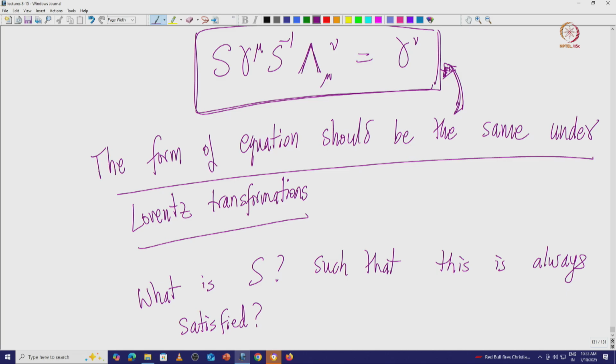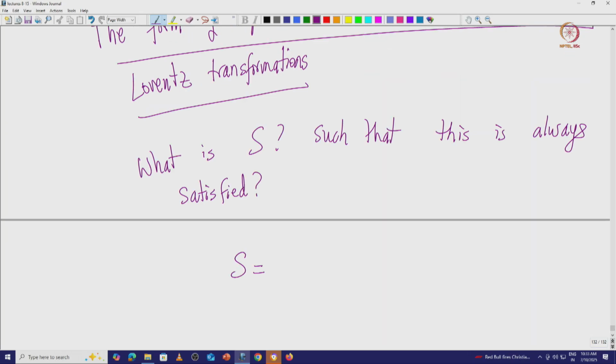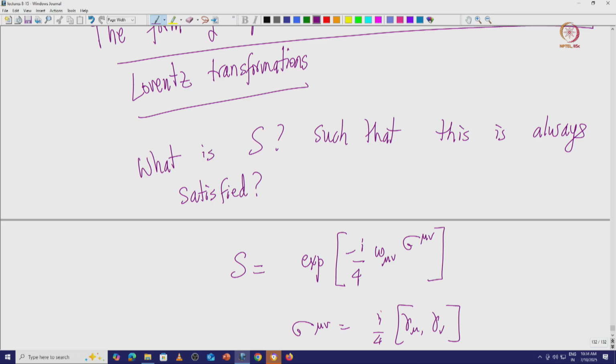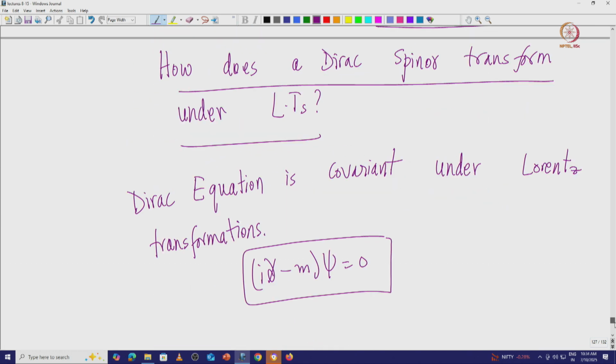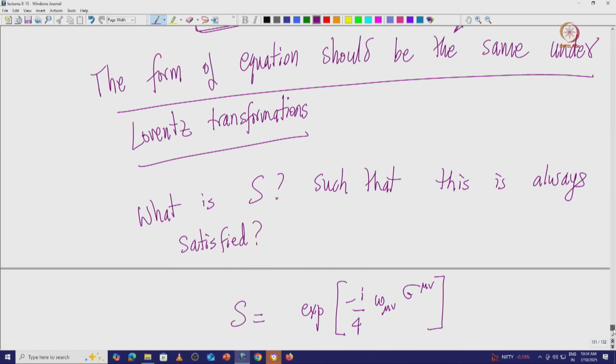S is nothing but sigma^mu nu, which is i by 2, I wrote it earlier also as i by 2, i by 2 gamma^mu gamma^nu.